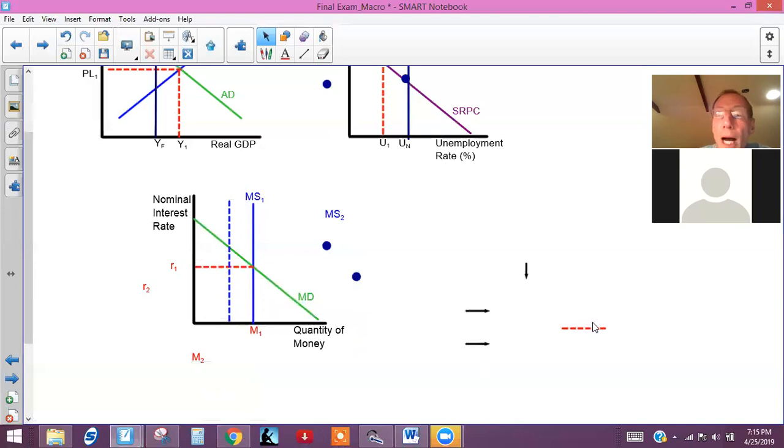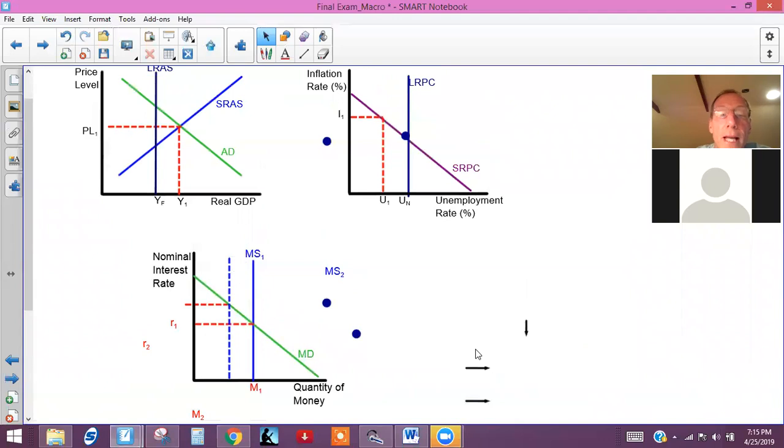which means you're going to get a higher interest rate, which means that all spending that is interest sensitive, like buying houses, a lot of people borrow the money to buy a car, all that type of spending is going to become more expensive.